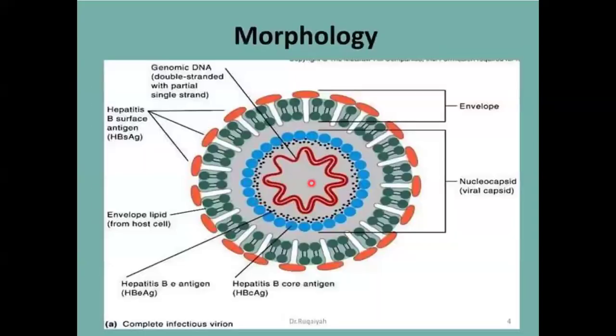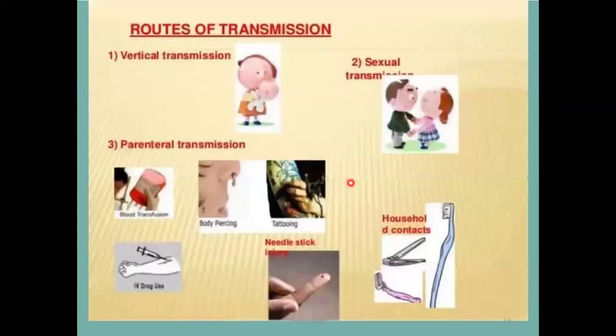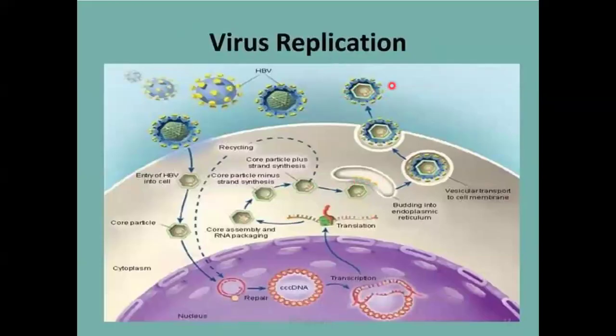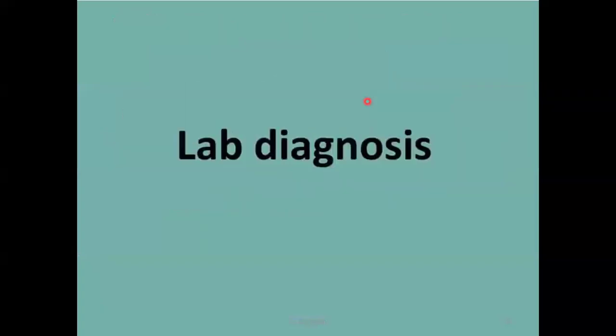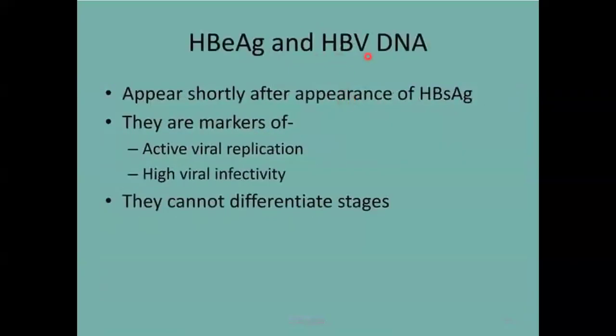So remember, when replication is occurring and they are pumping out these viruses, it will start secreting hepatitis B E antigen, okay? And once hepatitis B E antigen has risen, the level of HBV DNA will also rise. They are concurrent, okay? Once this rises, this one rises.